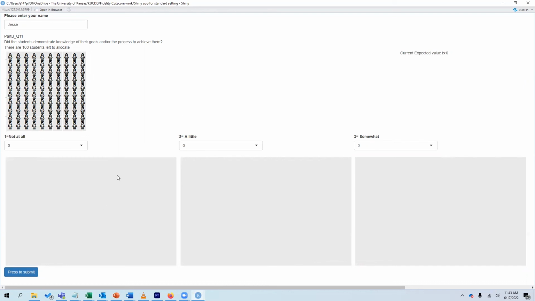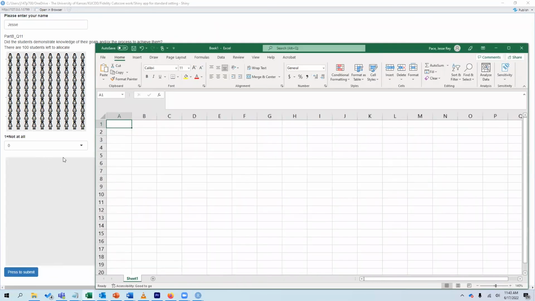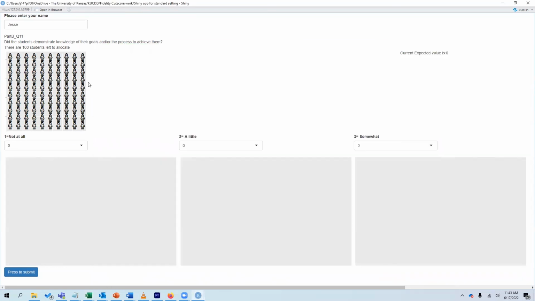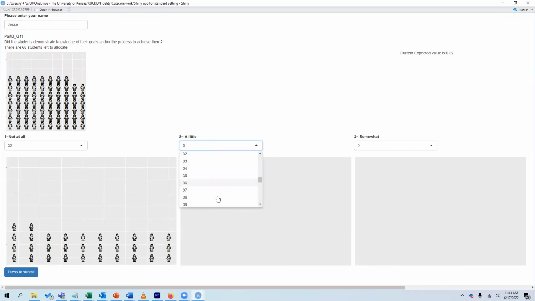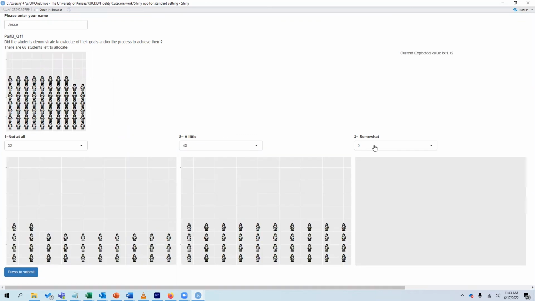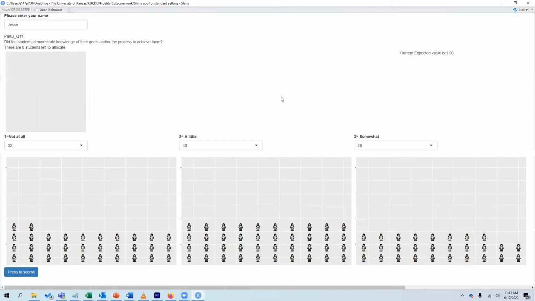Let's say that on the very first item, you thought about the minimally proficient implementers and said that 32 of them would score a 1, 40 of them would score a 2, and 28 of them would score a 3, right? So the current expected value is 1.96. Let's write that down, 1.96.